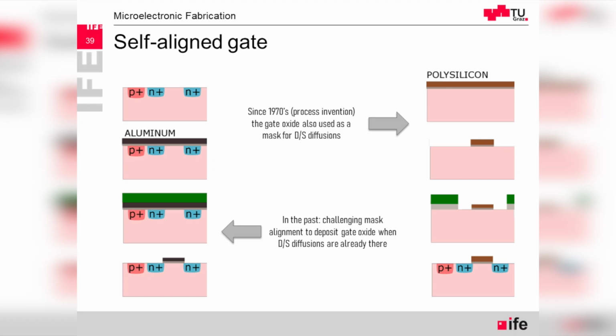So with this low temperature process, we were not able to do first aluminum for the gate and then implantation. But what we can do now, and it's much better, is first do polysilicon. It has very high melting temperature as well as silicon dioxide, and then use this gate with polysilicon on top as mask for self-alignment of the gate.